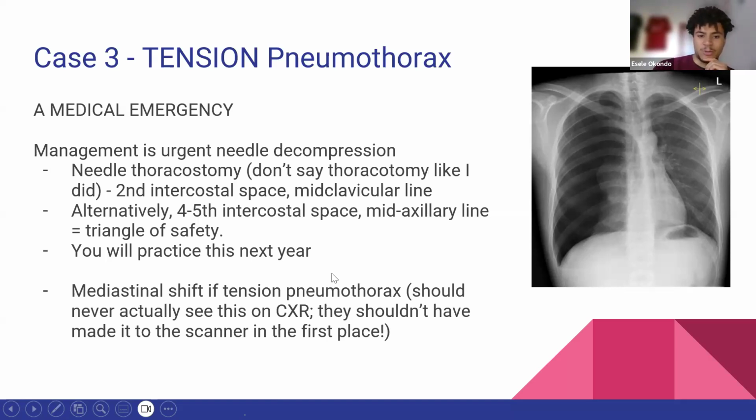You can get mediastinal shift, but the concept is a tension pneumothorax should never get to a chest X-ray because it's a clinical diagnosis and they need urgent needle decompression or finger thoracostomy as well. And you'll hear absent breath sounds on the side of the decompression, and you will have profound tracheal deviation. So those are your key points.